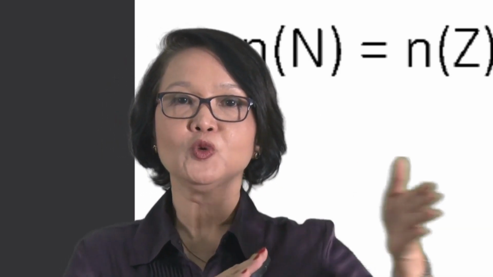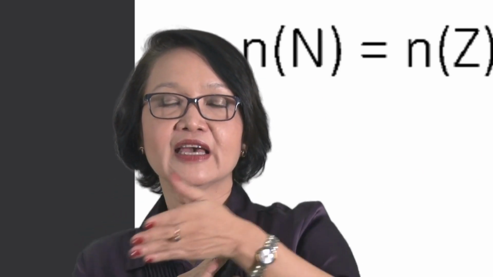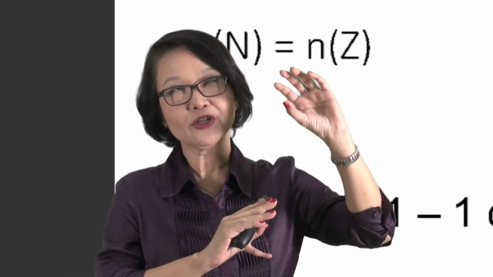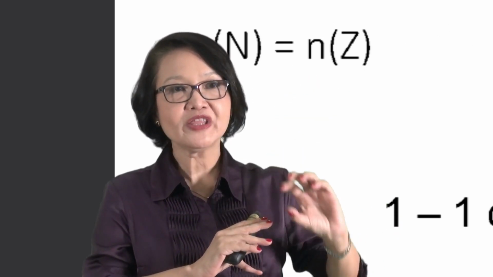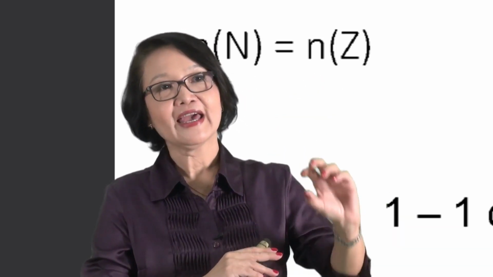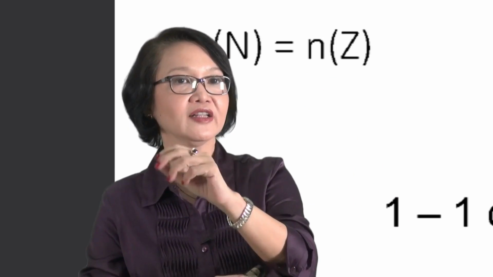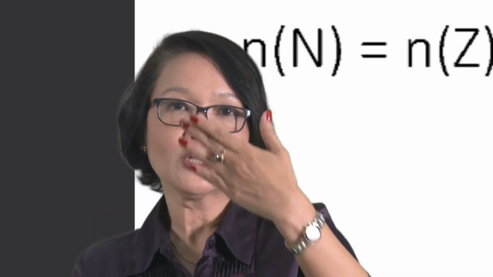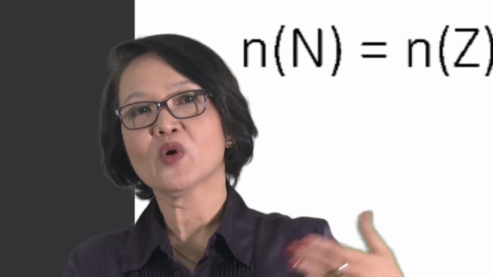So what you do is, you divide Z into 2 parts, or N into 2 parts, which will be even and odd. And now you map the natural numbers which are even with the positive integers, and the natural numbers which are odd with the negative integers. And this will ensure that all of them will be paired off with one element.